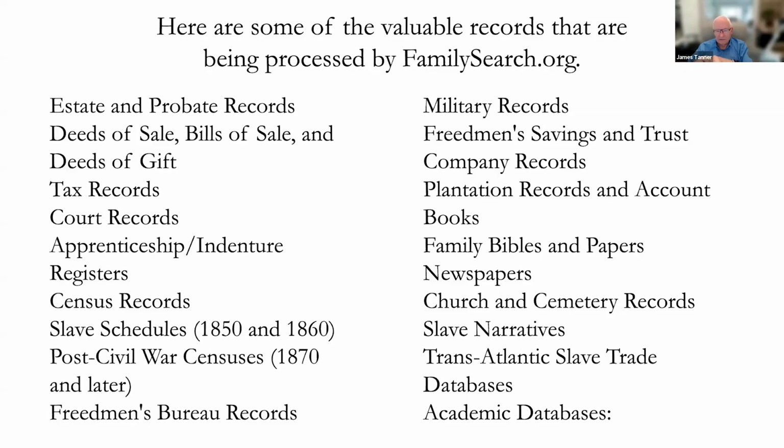If you're watching this as a video online, I would suggest you stop the video and take a screenshot of this, and make sure that, if you're doing African American research, you understand the content and availability of the records that are listed here as pertinent to African American and enslaved person research.